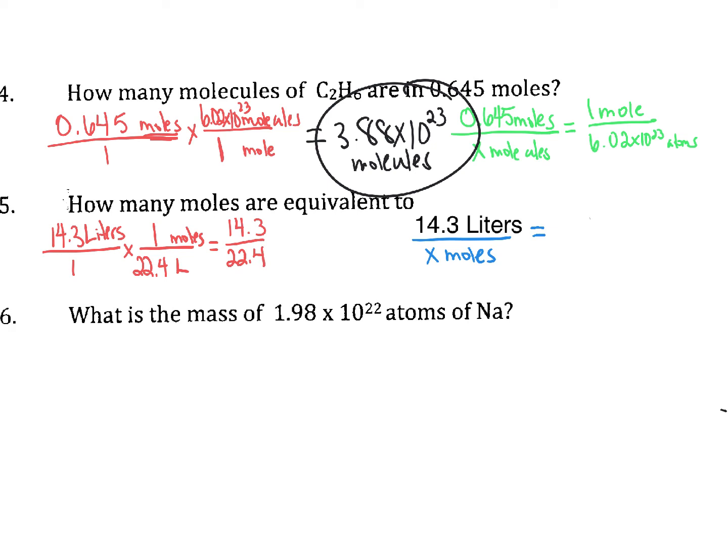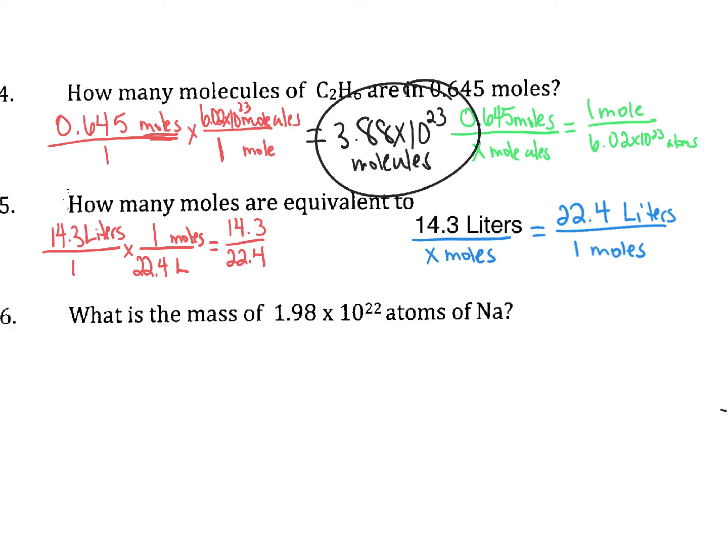A lot of people flipped it around, and that's why you want to make sure that you have it set up with the correct unit on top and the correct unit on the bottom, because otherwise that's how you end up dividing the wrong way. So you're going to be doing 14.3 divided by 22.4.